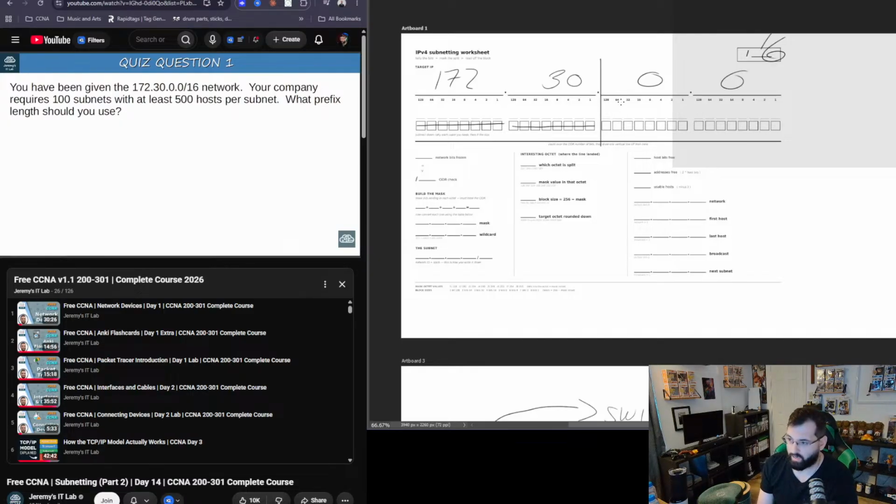We need to figure out how many of these host bits we need to borrow. And when we borrow, we take 2 to the power of that number, and that should tell us. So, if we borrow 1, that's 2 to the power of 1, so we gain 2.